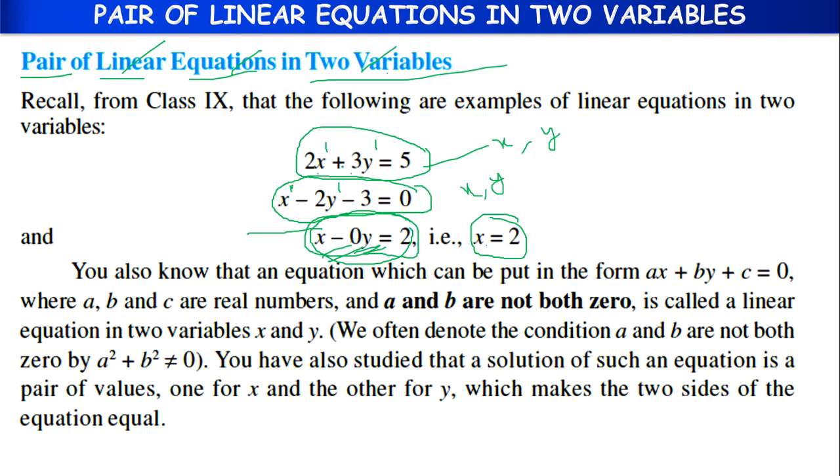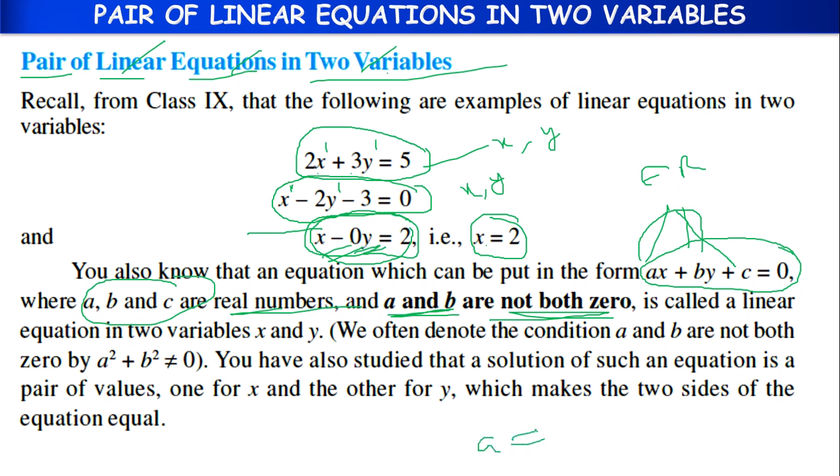Any equation which is in the form of ax plus by plus c equal to 0, where a, b, c are real numbers and a and b are not both 0. It means that at a time both a and b should not be 0 at the same time.